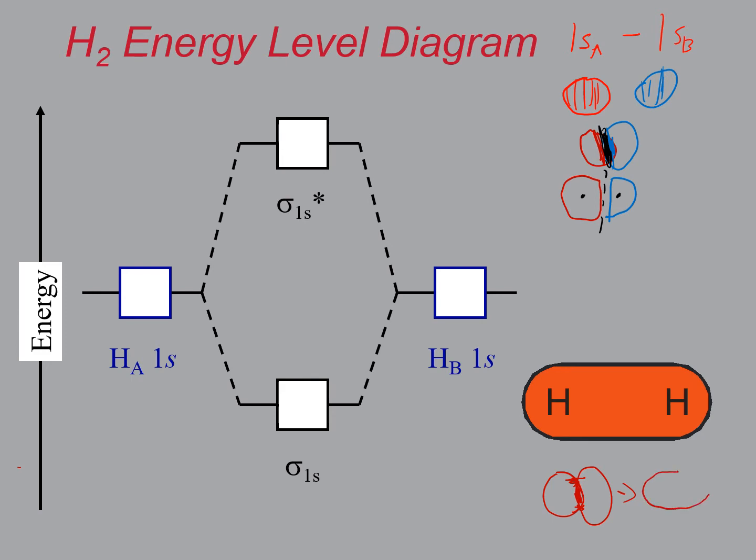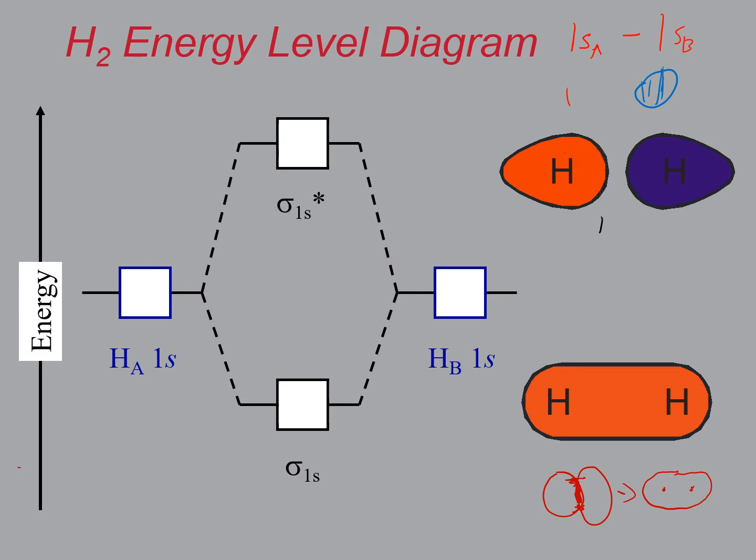That's how we get this round shape here, and the nuclei are about right here, where the H's are. So the other state looks a little like that. Let me just get rid of all this stuff so you can see where this comes from.